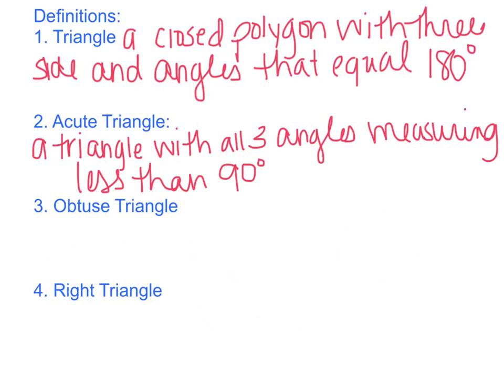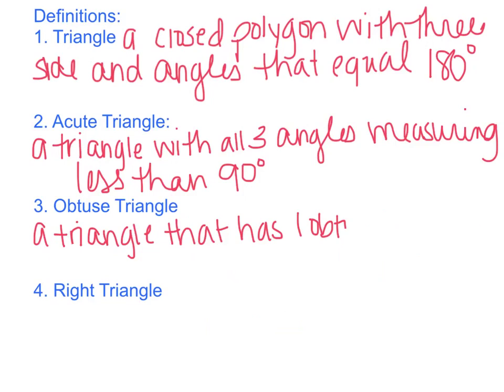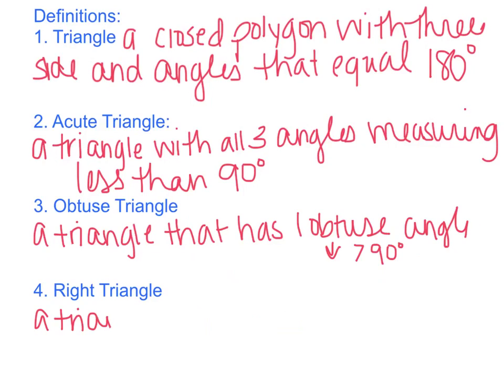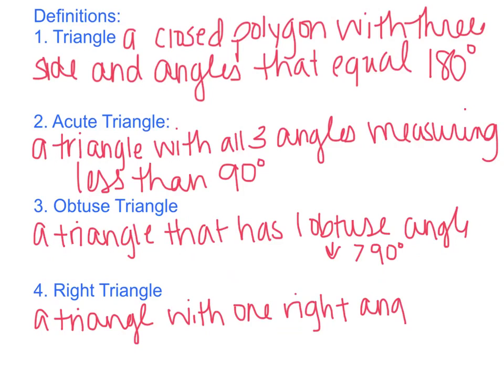The next one is an obtuse triangle, and it's a triangle that has one obtuse angle, which is greater than 90 degrees. And then the right triangle is a triangle with one right angle, and that equals 90 degrees.